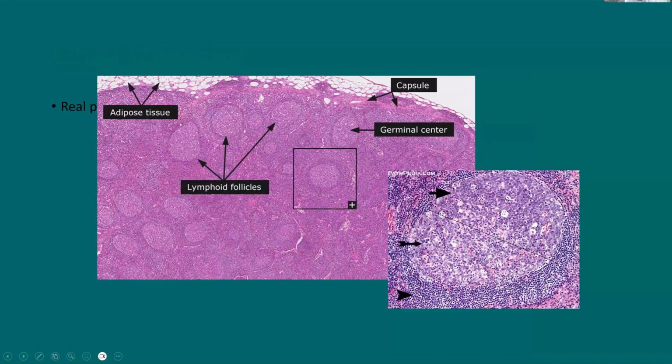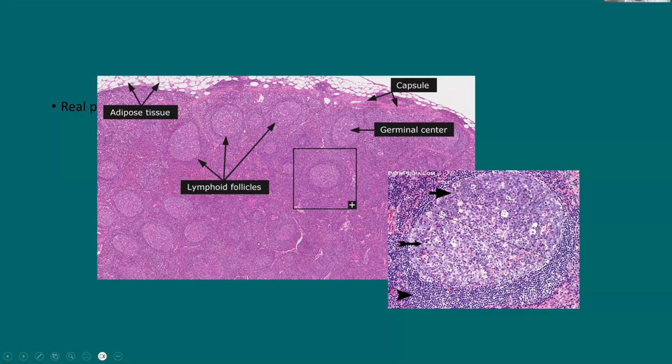So this is what it looks like in the histology. You have a capsule, sometimes well-delineated nodules. The thickness of the capsule depends on how reactive the node is. Long-standing diseases or processes will have a thicker capsule than a normal one.